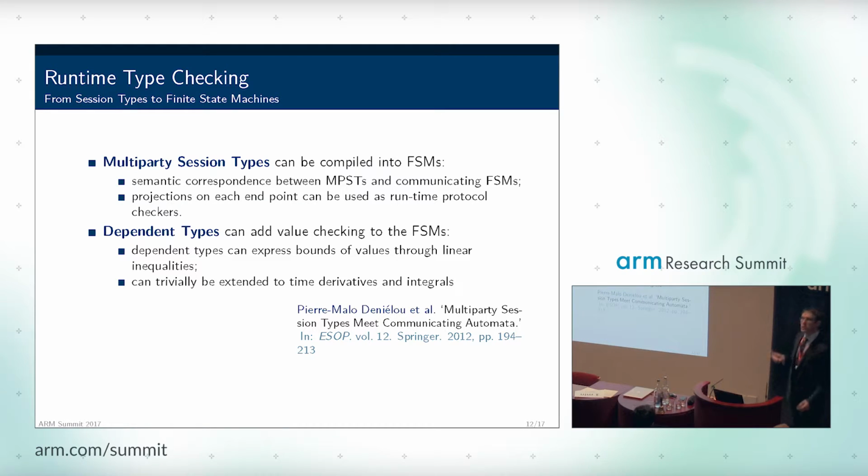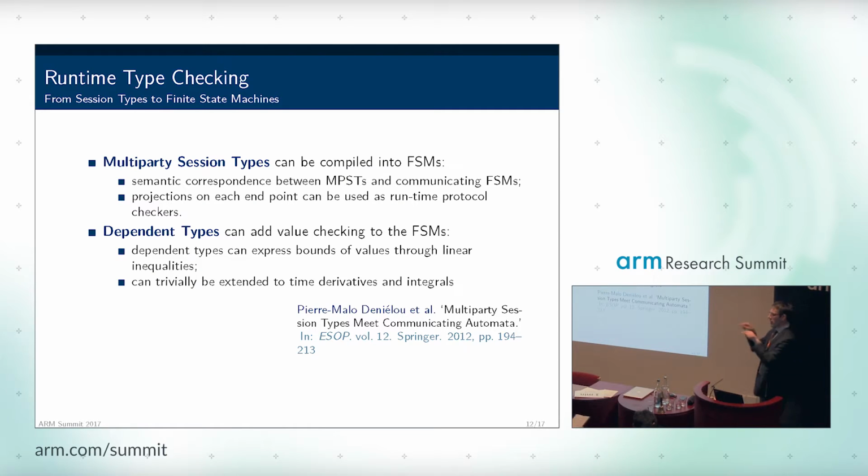Now you can say, yeah, but if you have your black boxes, right, you don't know anything about them. The nice thing about session types is that actually there is a one-on-one correlation with finite state machines, which means that you can synthesize a finite state machine from the session type that you can use to check your protocol at runtime.